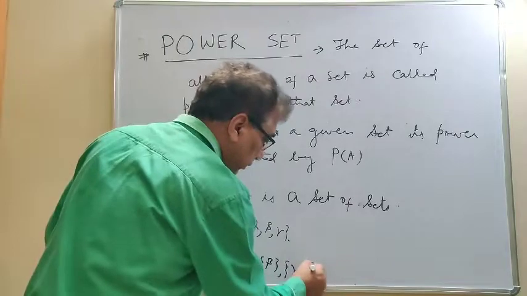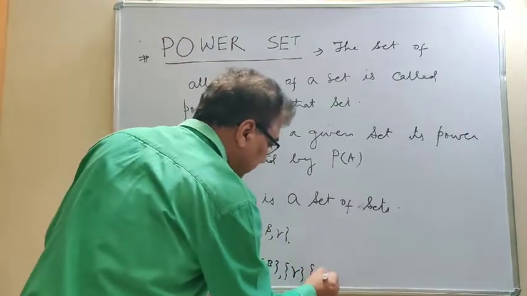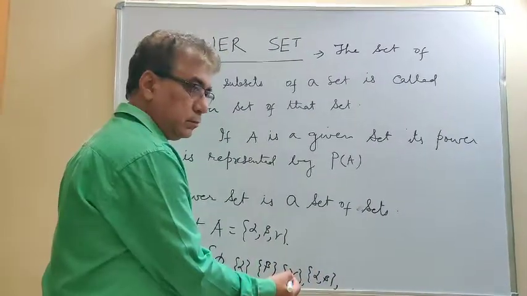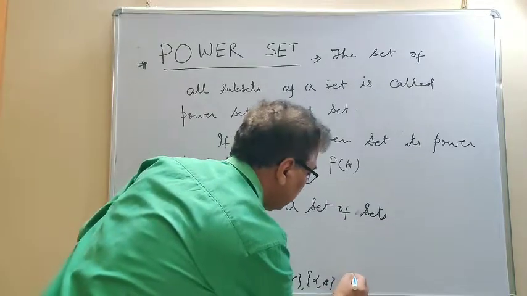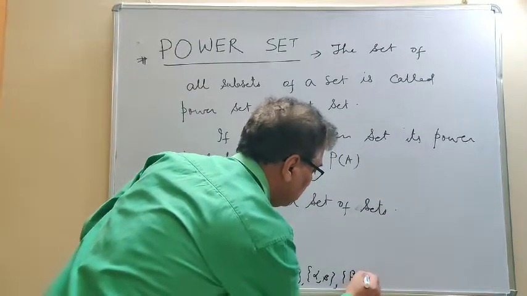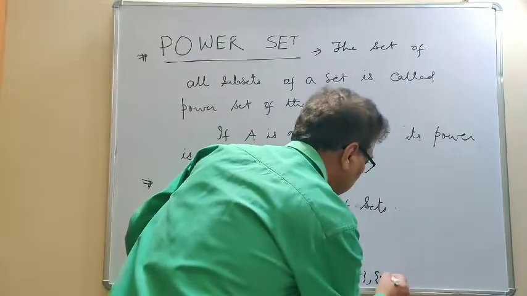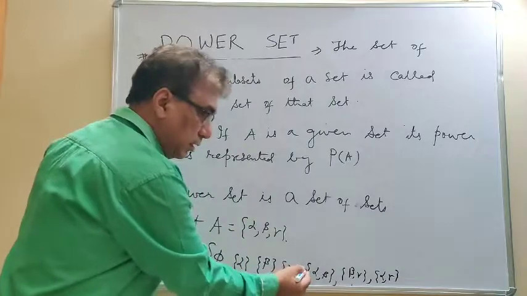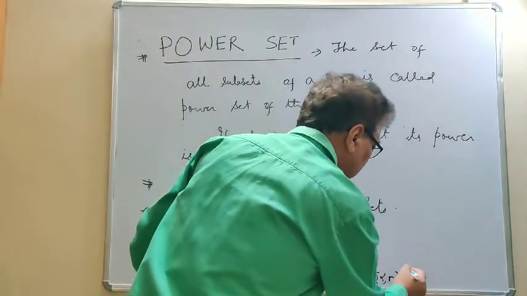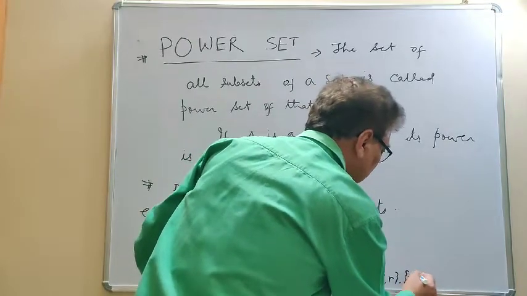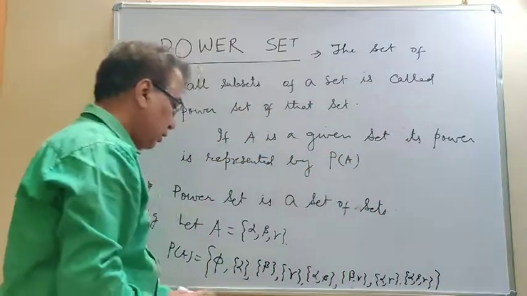Then I will take elements in pairs, that means {alpha, beta}, then {beta, gamma}, and then {alpha, gamma}. So there are 3 sets with pair of elements, and then the set itself, that is {alpha, beta, gamma}, then curly bracket closed.